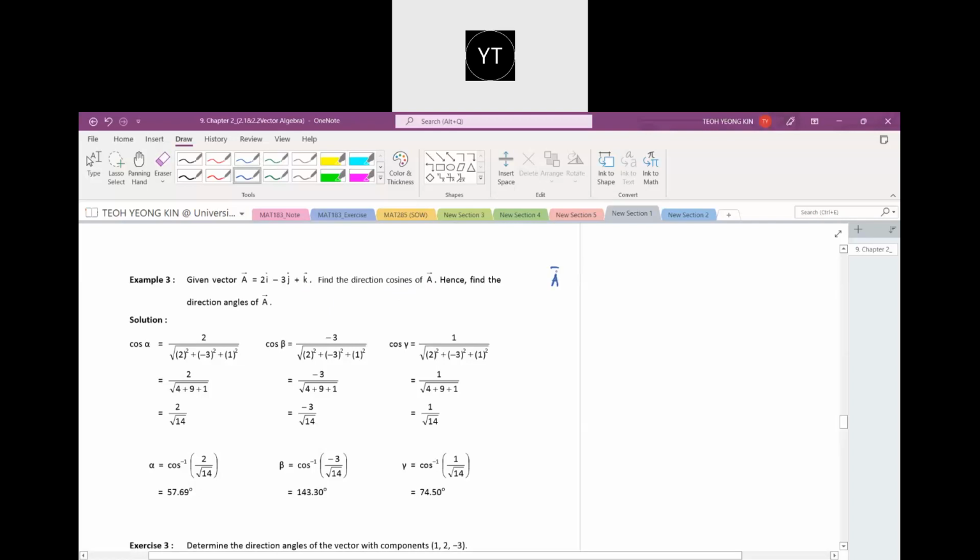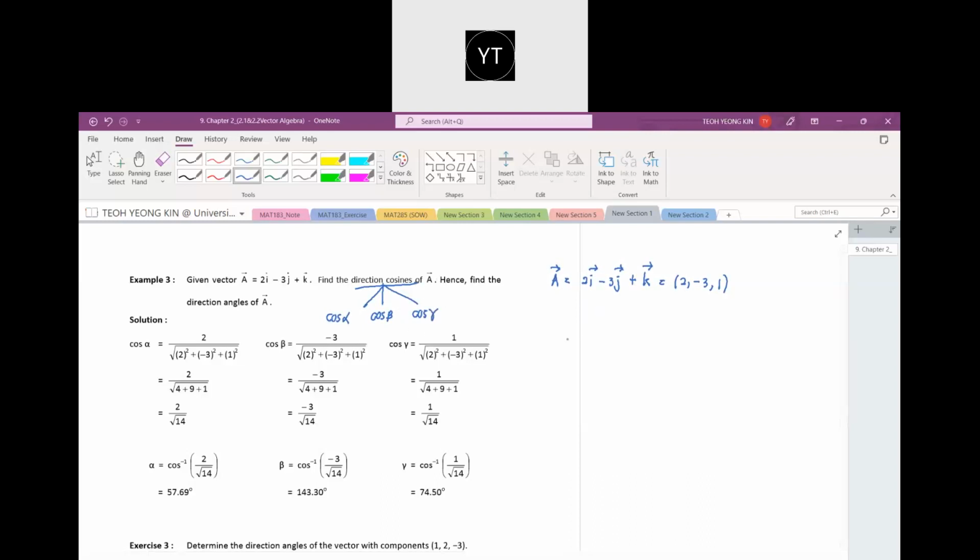Vector A is 2i minus 3j plus k, or I can write it in the form 2, negative 3, and 1. So for direction cosine, we have 3: cos alpha, cos beta, and cos gamma. Each time there are 3.